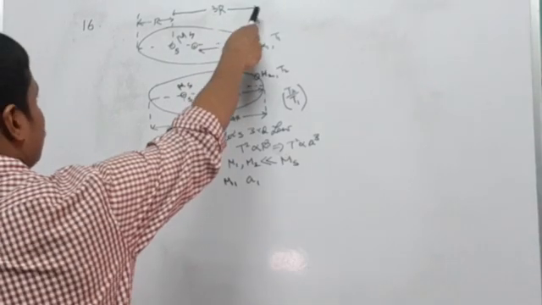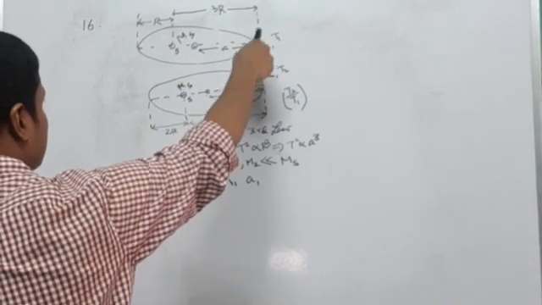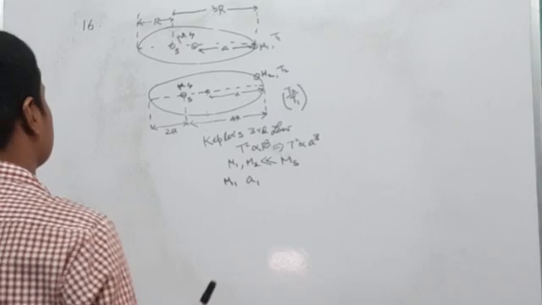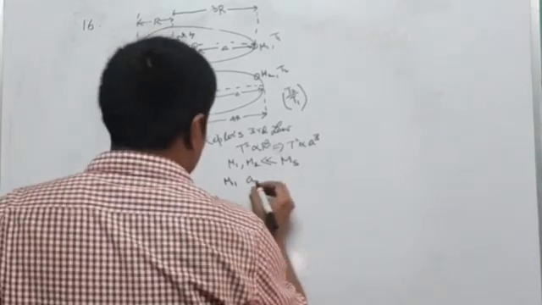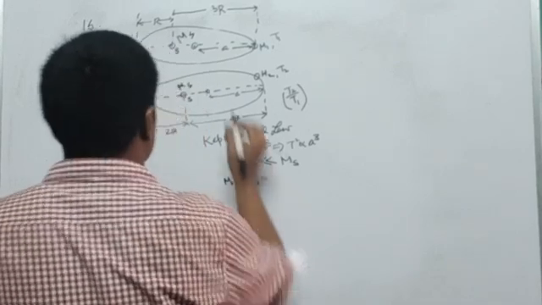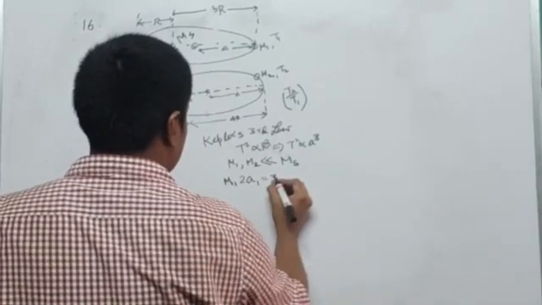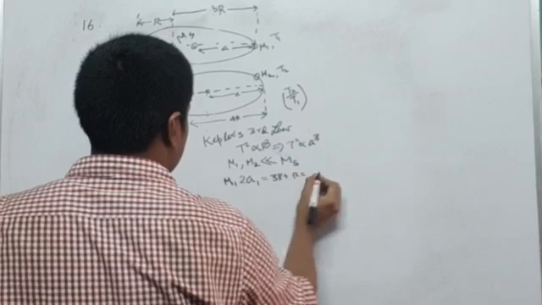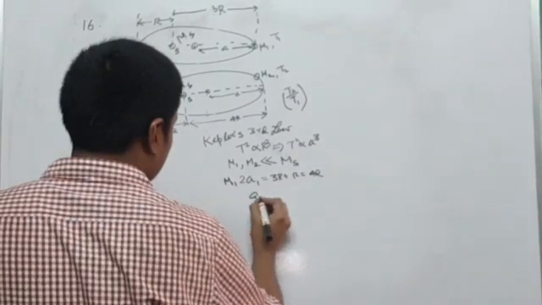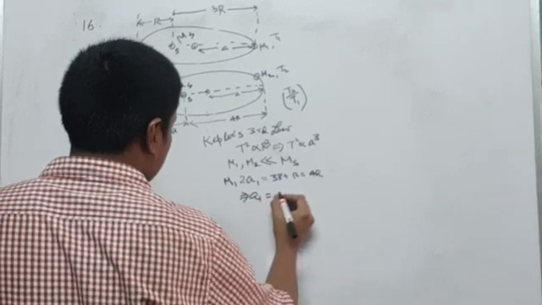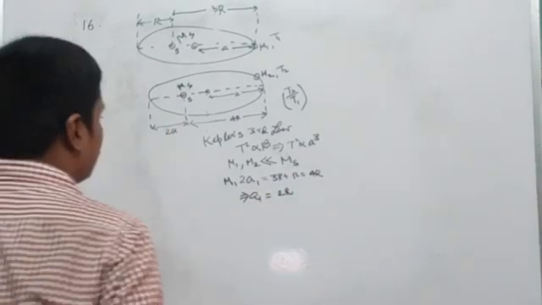So here you see that we are given the maximum distance from the Sun and the minimum distance from the Sun, which would mean that twice A1 is 3R plus R, 4R. Twice A1 is 4R, which gives you A1 equal to 2R.